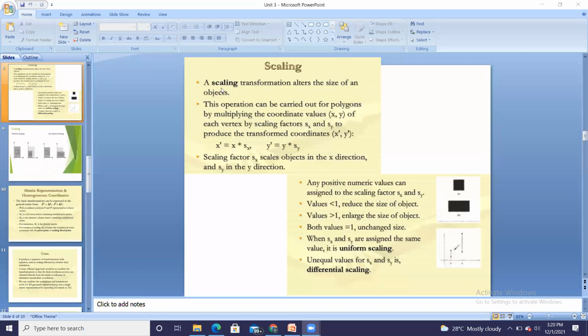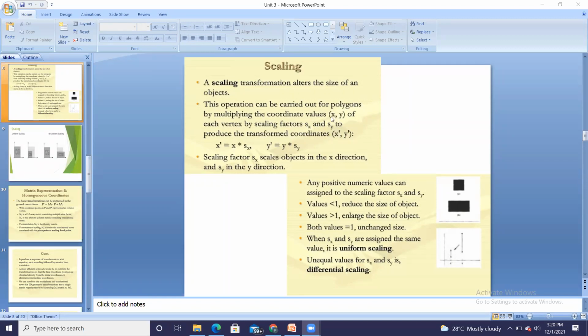So here the size of the object will be changing. This operation can be carried out for polygons by multiplying the coordinate values x and y of each vertex by scaling factors Sx and Sy. So Sx is the scaling factor along x-axis, or for x coordinate, and Sy is the scaling factor for y coordinate, which will produce the resultant coordinates x dash and y dash.